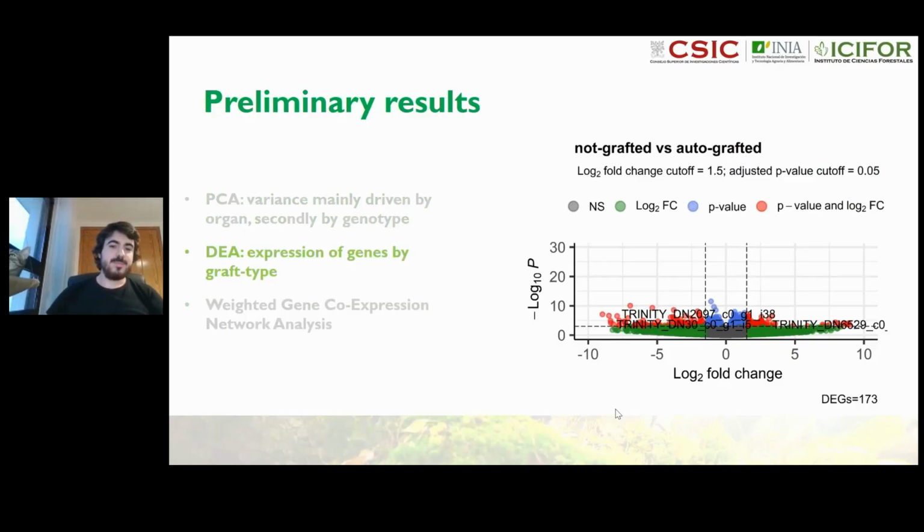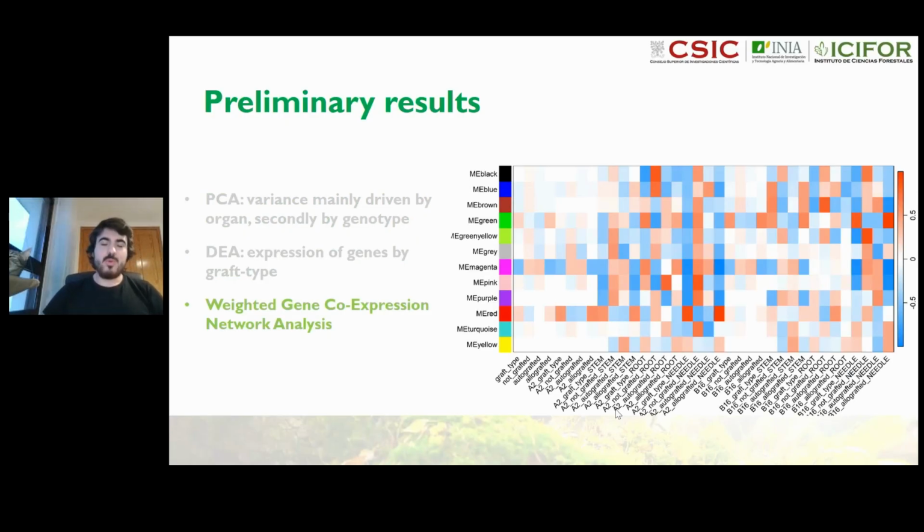Then we made a differential expression analysis from which we extracted the differentially expressed genes for the grafting, comparing primarily not grafted versus self-grafted. And also, through a weighted co-expression network analysis, we identified which gene modules are correlated with each of the grafting types that we studied.